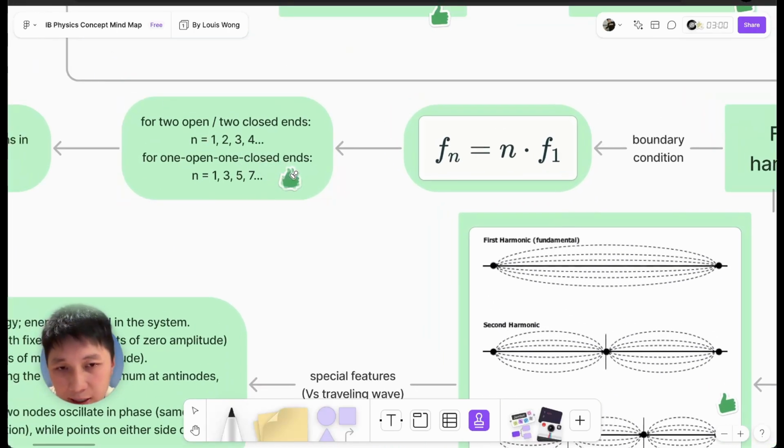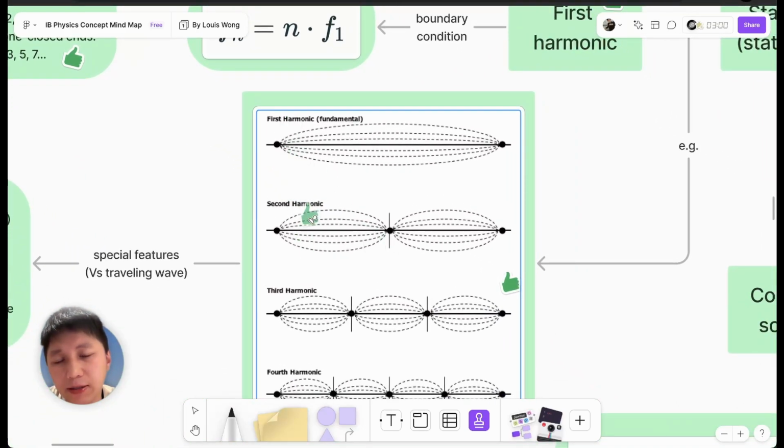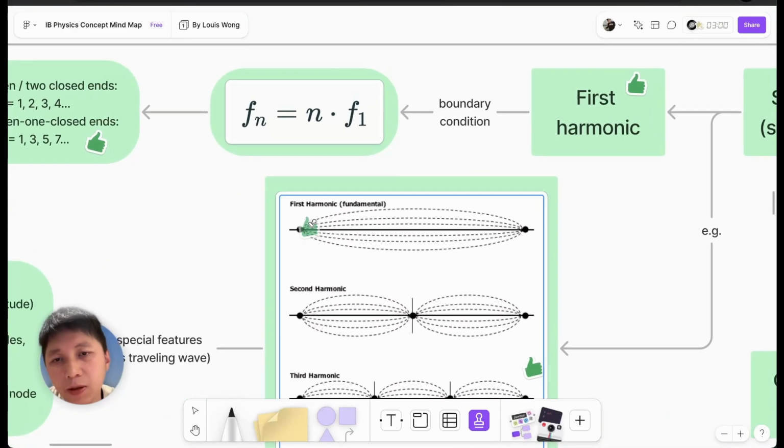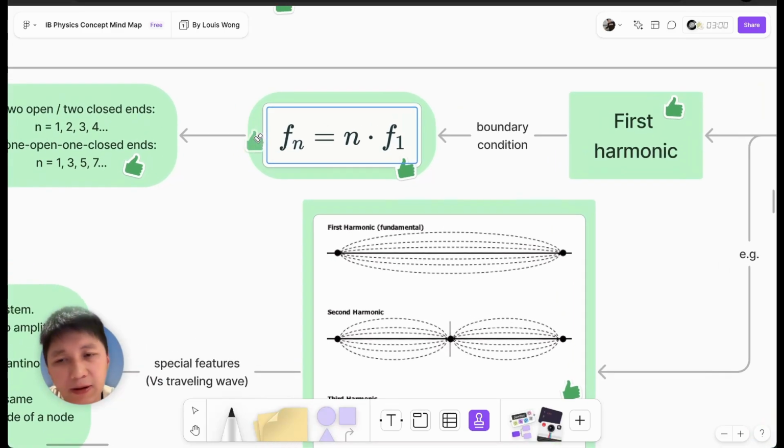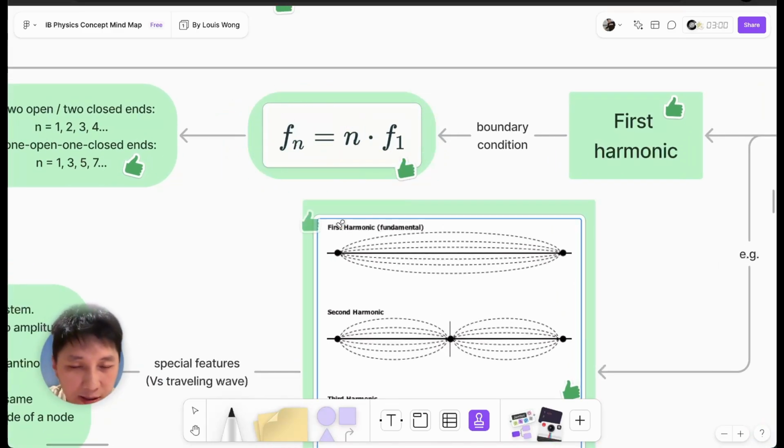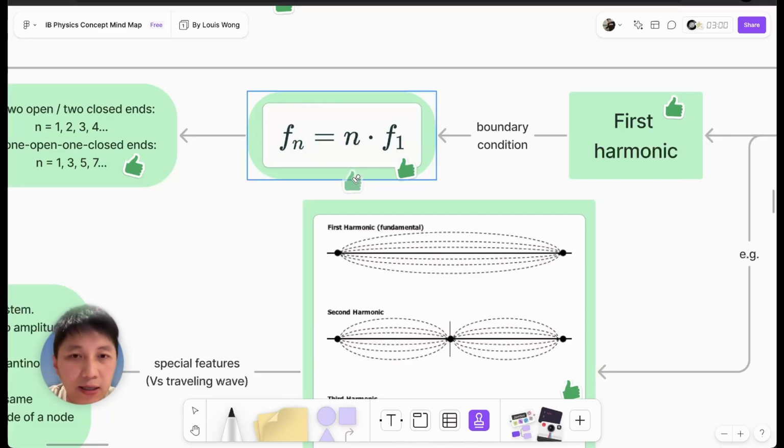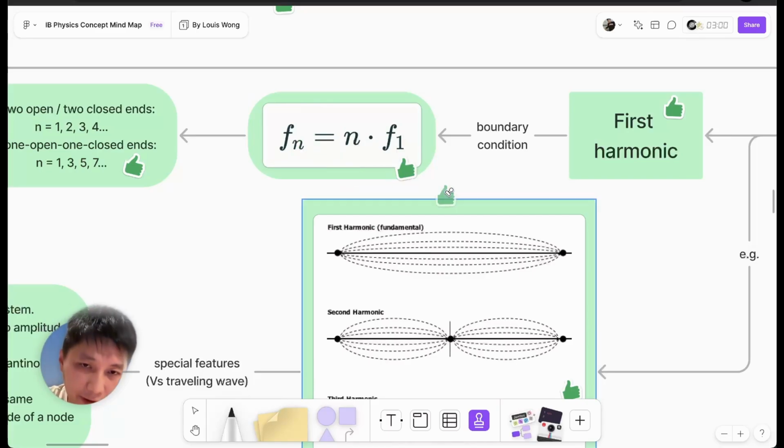Because when we look at how the different harmonics have different frequencies, a very elegant result is that each is an integer n multiplied by the first harmonic.